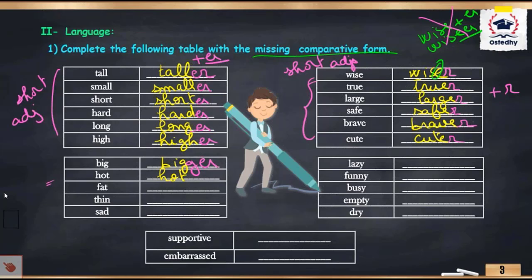Hotter. Double T. Exactly. So I will add another one. Then what do I have? Fatter. Double T. Okay. Then thinner. Double N. Absolutely. Then, and fatter. Okay. Double D.